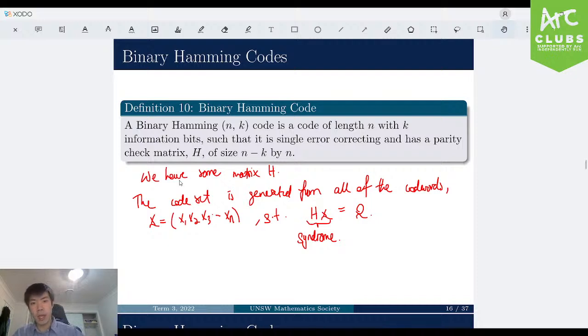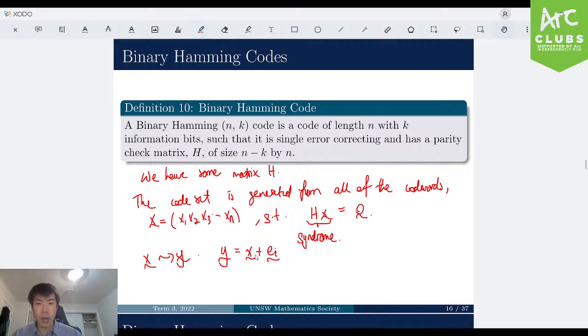Another way to think about this, and the reason why it's called a parity check matrix, is because suppose you are sending a message X, and it gets corrupted to the message Y, okay? Again, a binary Hamming code is only single error correcting, so suppose there's only a single error here. We can express this Y as being equal to X plus some basis vector, right?